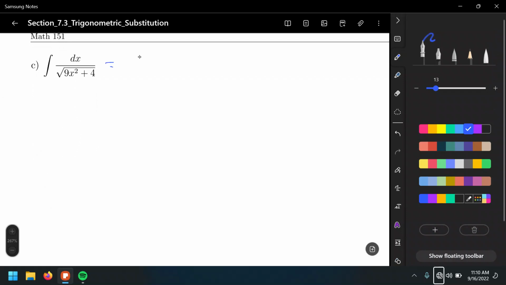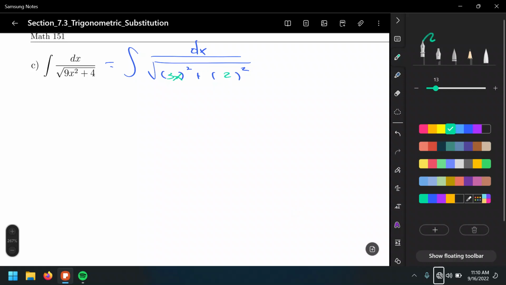Number one, let's write this as a quantity squared plus quantity squared. So what quantity squared would equal 9x squared? Isn't it 3x? And what quantity squared would be equal to 4? 2. Now the question is, do we have a sum of squares or a difference of squares?